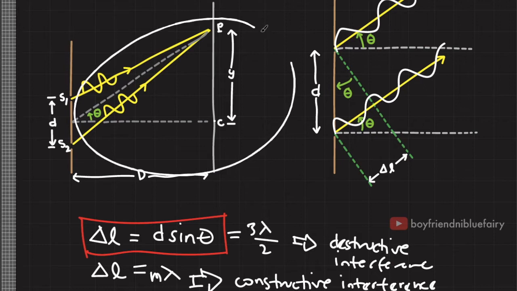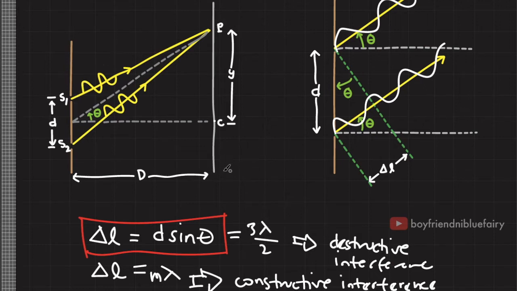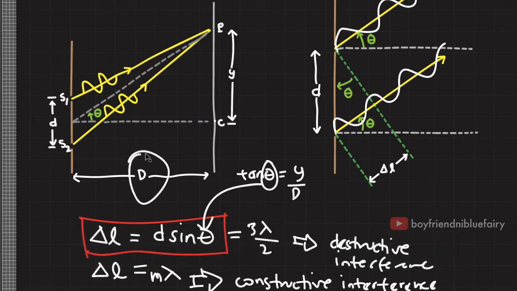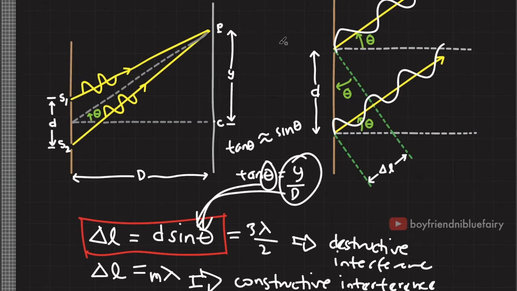Based on this figure, we could also calculate theta: tangent theta equals y over d. From this, you could calculate the angle and plug it here. In some problems, the distance of the screen relative to the slits is extremely large, and based on this dimension, we could approximate tangent theta as almost equal to sine theta. So in this regard, we could replace sine theta with y over d.